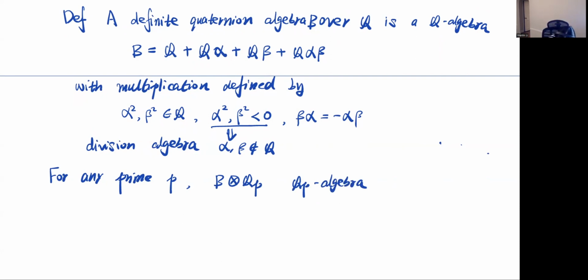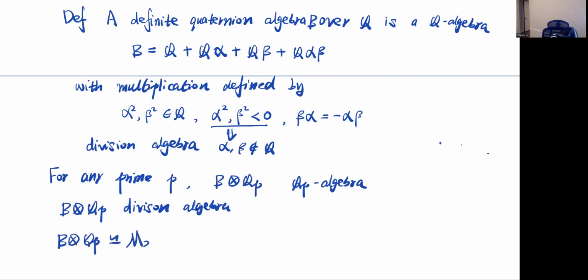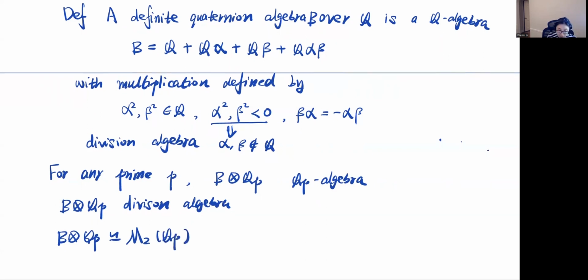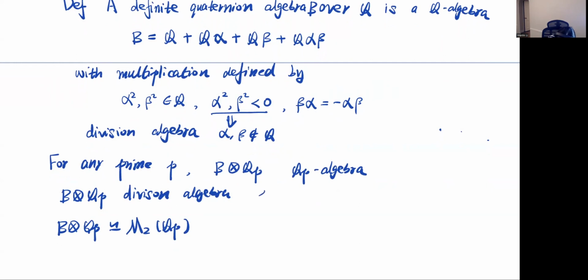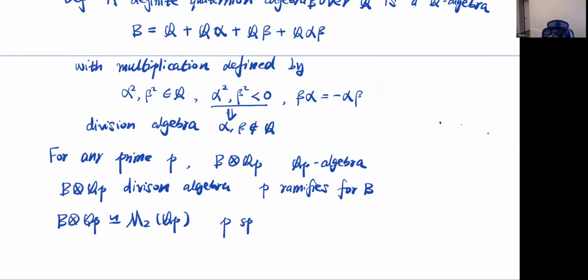Either B tensor Qp is still a division algebra, or B tensor Qp is isomorphic to the matrix algebra M2 of Qp. In the first case, we say that the prime p ramifies for B. In the second case, we say that p splits, or sometimes unramified, for B.